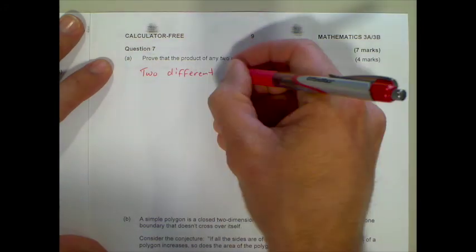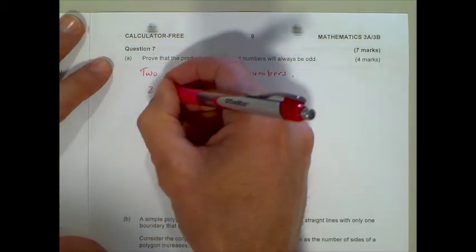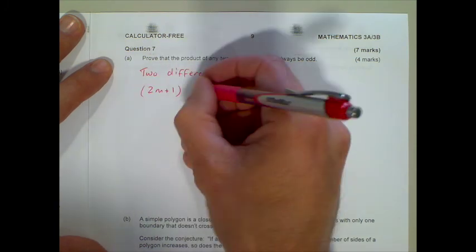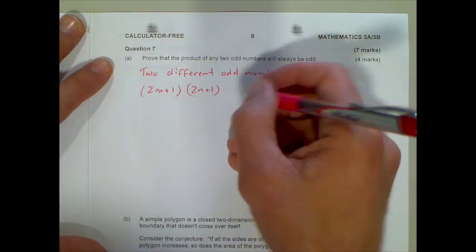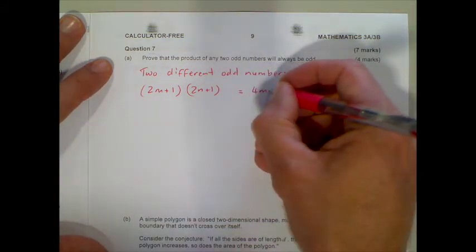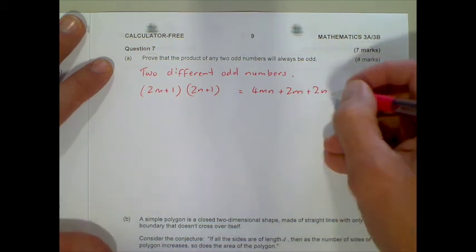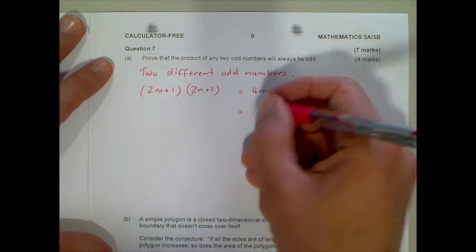Okay, prove that the product of any two odd numbers will always be an odd number. Okay, so algebraically we need to prove this. Two different odd numbers, therefore we're going to have 2m plus 1 and 2n plus 1, and we're going to expand out that to get 4mn plus 2m plus 2n plus 1.